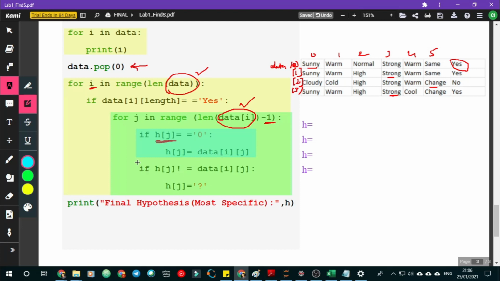This condition will become true when we are reading from the second data sample, whenever the data sample is positive, because the value will not be null from the second data sample.